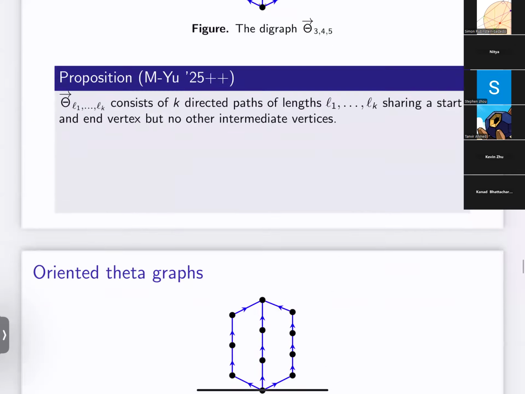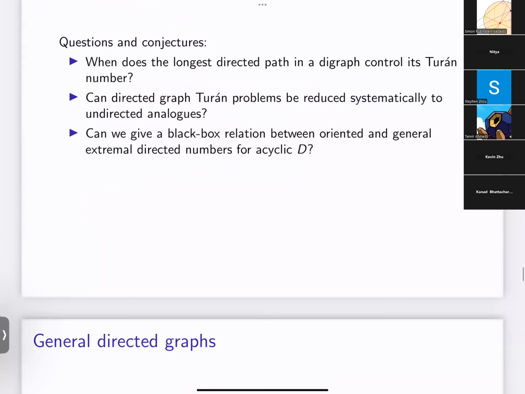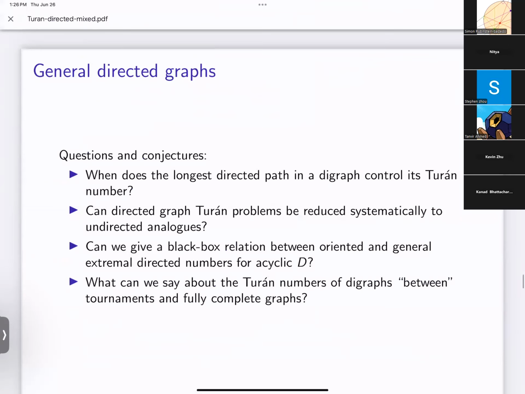All right, so there are some other examples that you can have, but maybe the main thing that I want you to take away is that there's a lot of open questions in a lot of areas of Turán problems. So I think hypergraph Turán problems and bipartite Turán problems that I mentioned at the beginning have gotten a lot of attention.